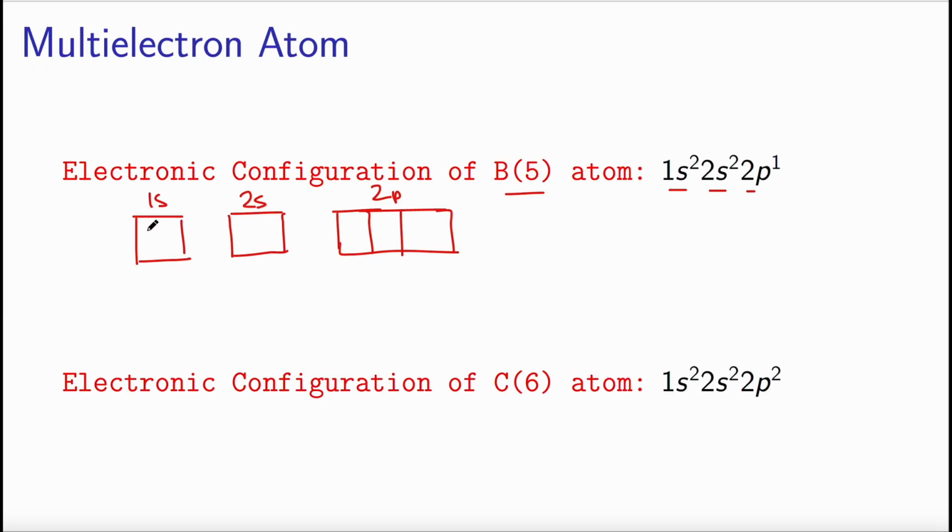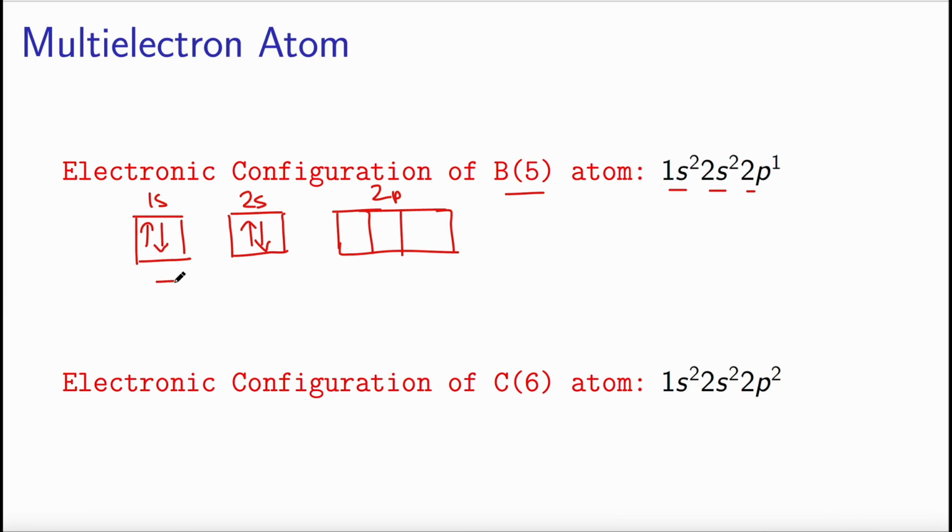1s2 means one electron goes up and one goes down. 2s means again one is up and one is down, 2 electrons. In each such box we can have a maximum of 2 electrons, one up and one down.